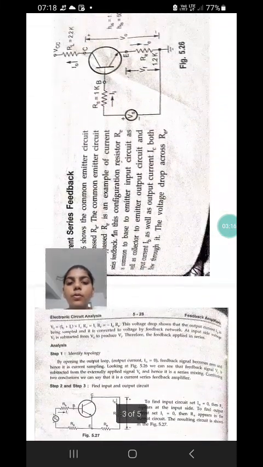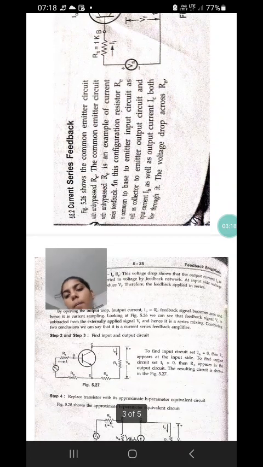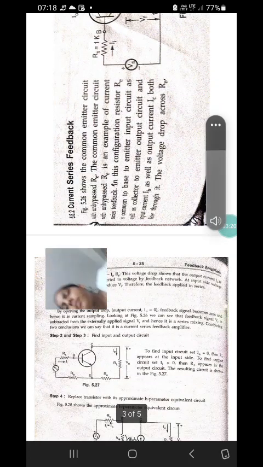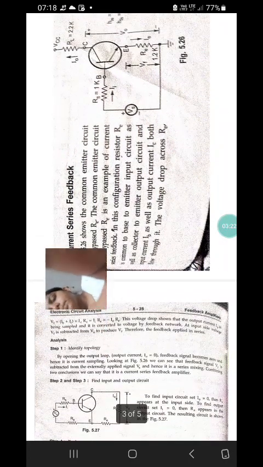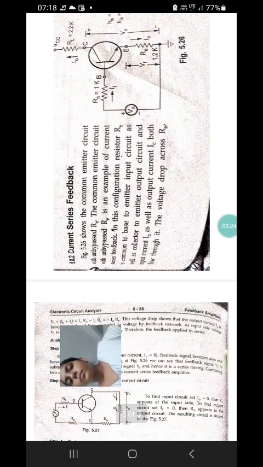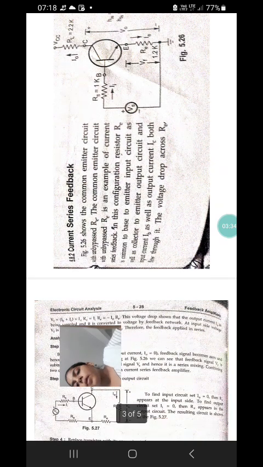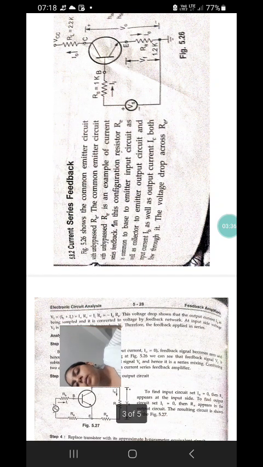For example, consider a current series feedback amplifier. The given figure shows the current series feedback. Figure 5.26 shows the common emitter circuit with an unbypassed RE.